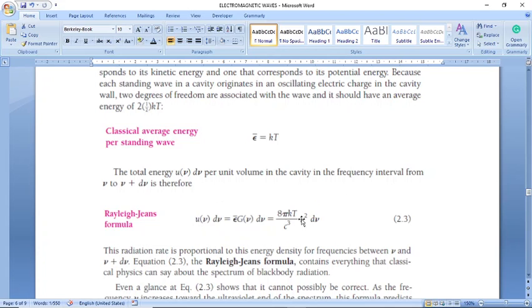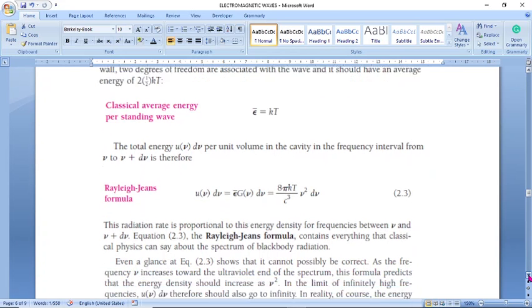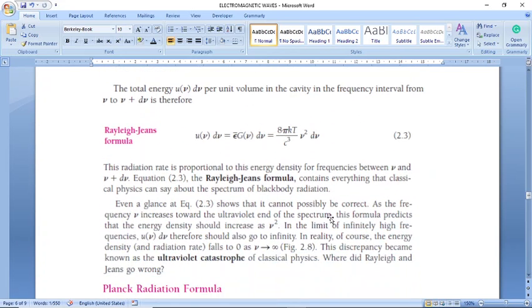So this divergence, or the spreading of the total energy per unit volume with the frequency, is known as the ultraviolet catastrophe. That is, this formula predicts that the energy density should increase as nu square.